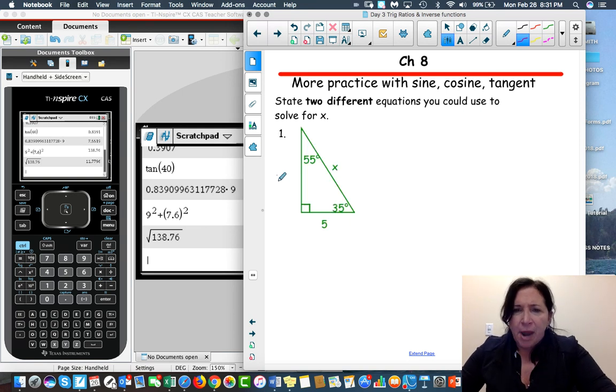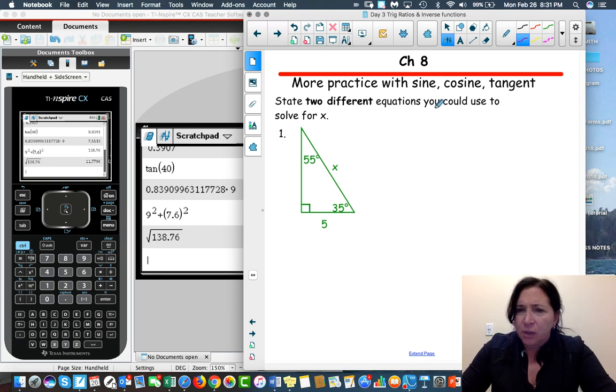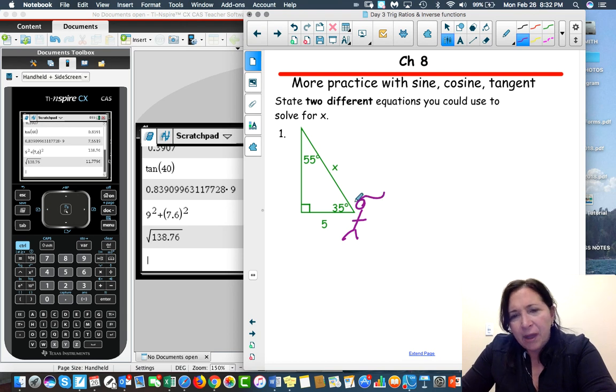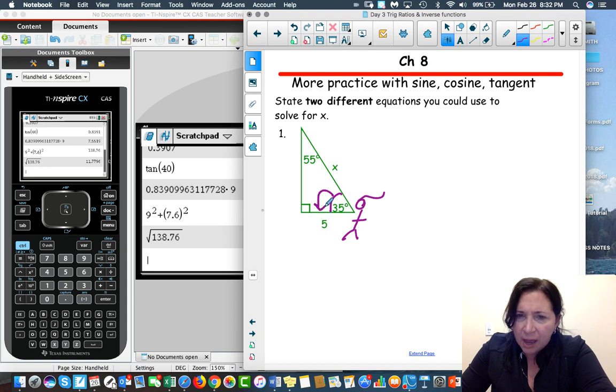Okay, so practicing with sine, cosine, and tangent, this is just asking you to find two different equations to find x. In order to find x, I don't have this side. If I put myself at this angle here, this side is the adjacent side, and I'm trying to find the hypotenuse.